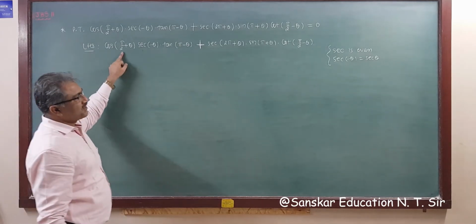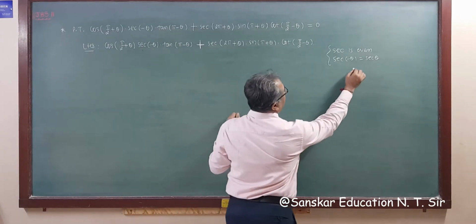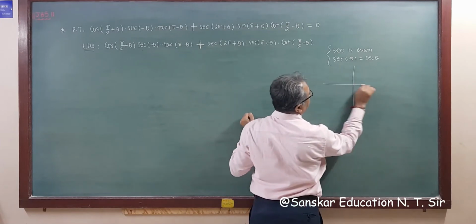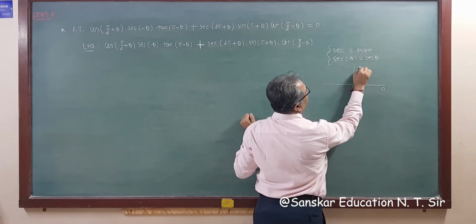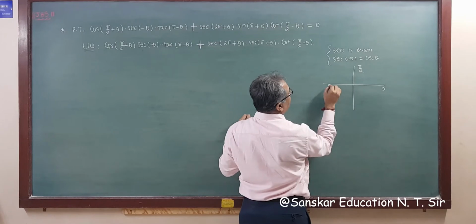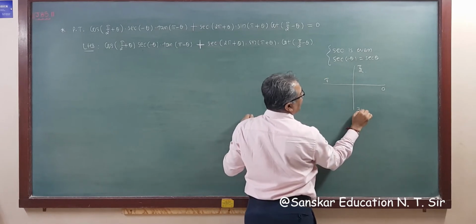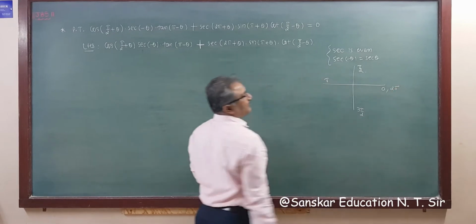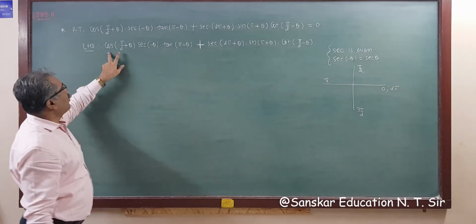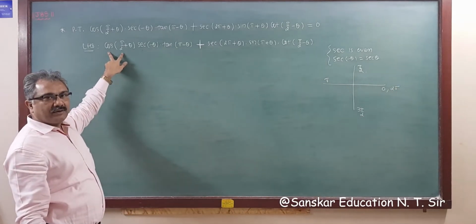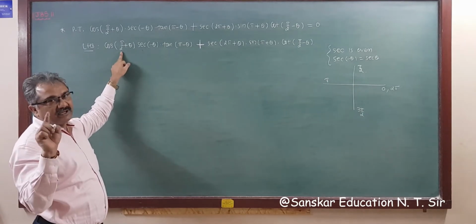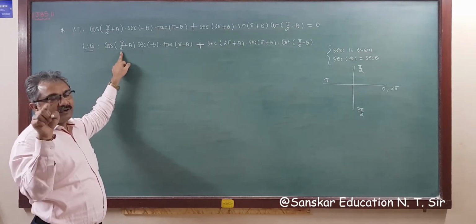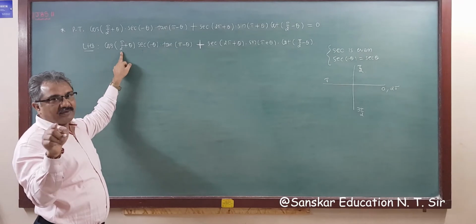Now pi/2 plus theta. See here, this is 0. If you draw the circle, then pi/2, pi, 3pi/2, and this is 2pi. For cos(pi/2 + theta), the angle is a multiple of pi/2, so cos is changed.